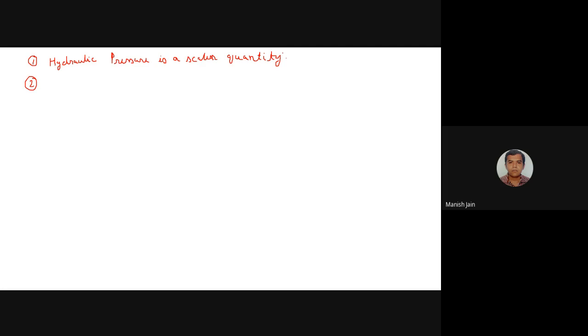Okay, so in first derivation we proved that hydraulic pressure is a scalar quantity. In the second derivation, we have derived the equation for the hydraulic equilibrium, hydrostatic equilibrium.